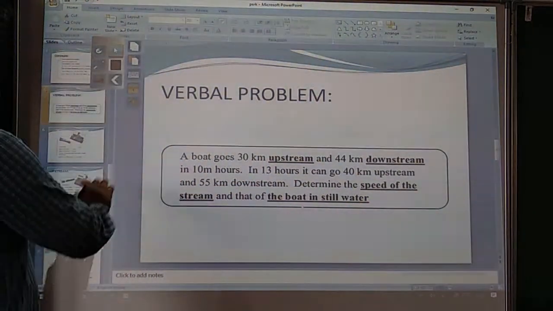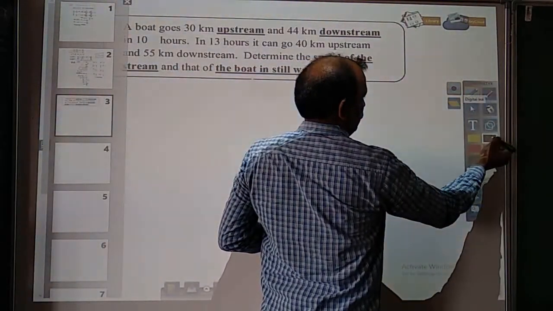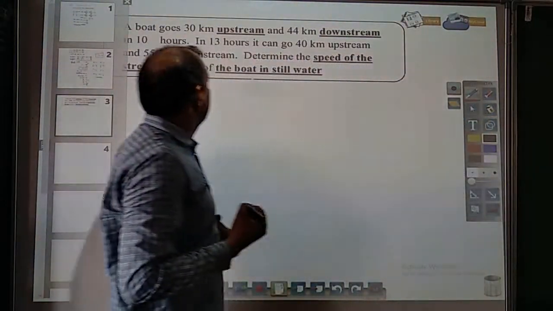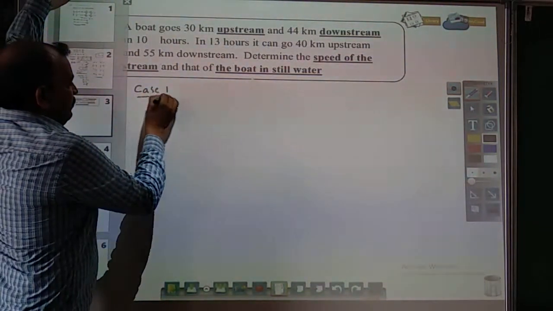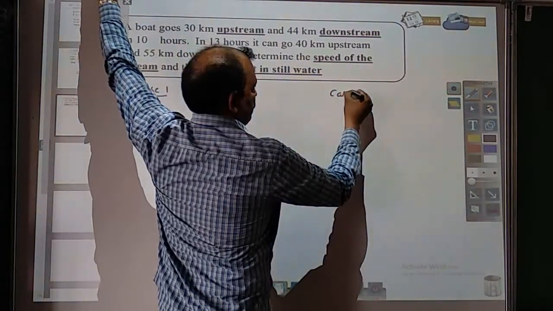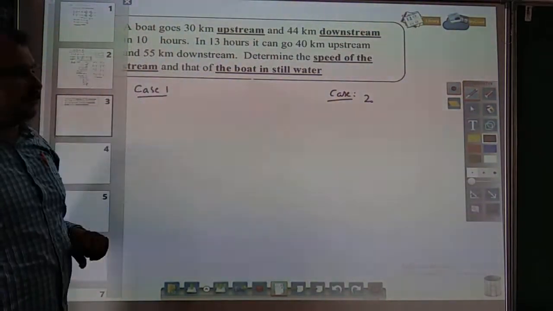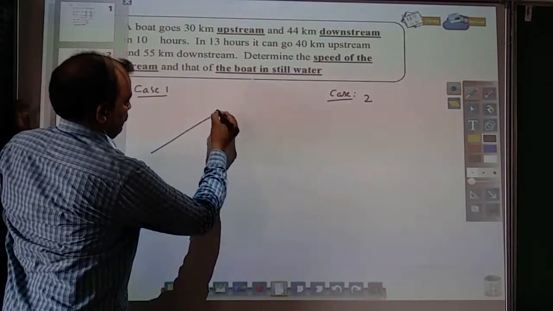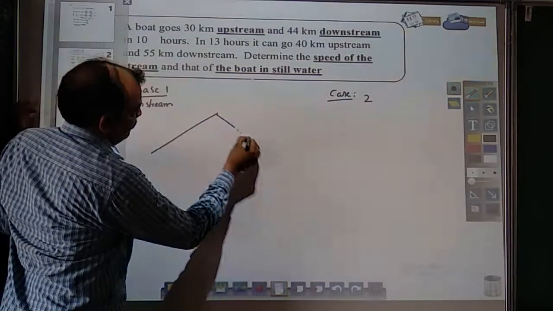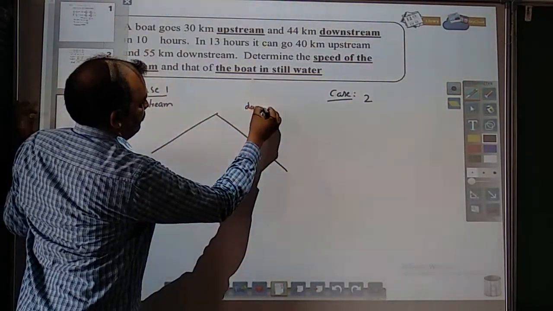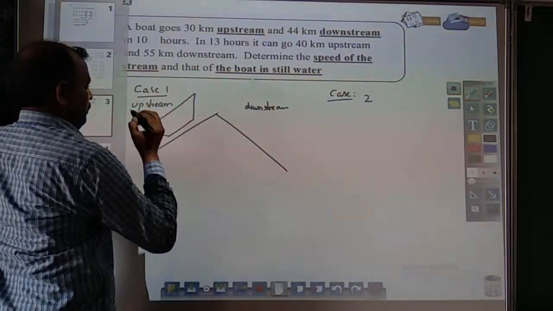Now we will see. Here two cases are there. Case 1, case 2. In case 1, a boat goes 30 kilometers upstream. This is upstream. This one is downstream. Boat.